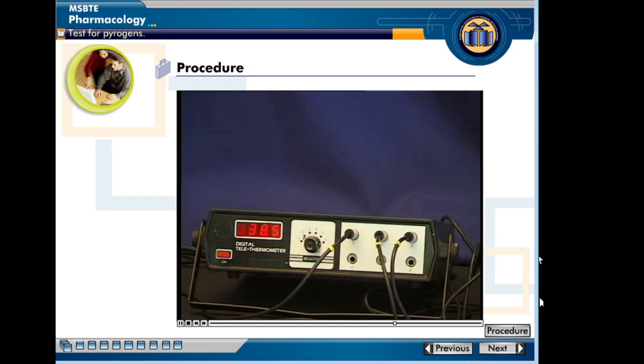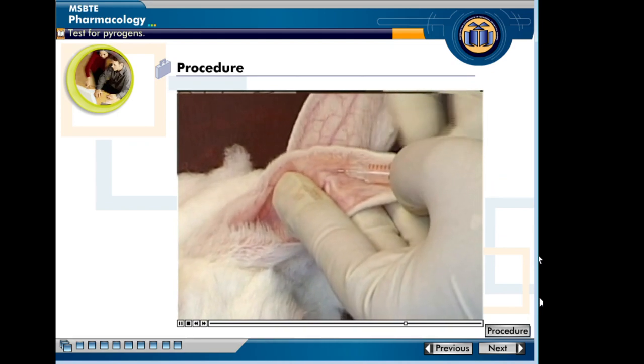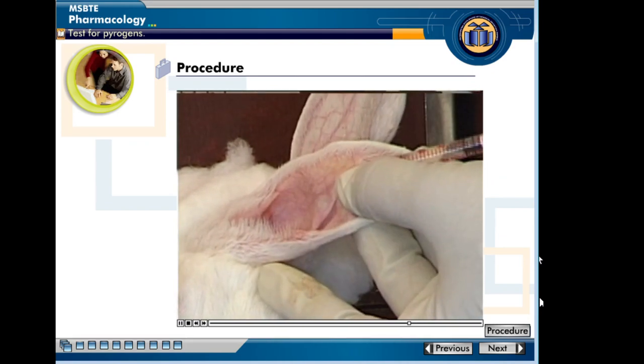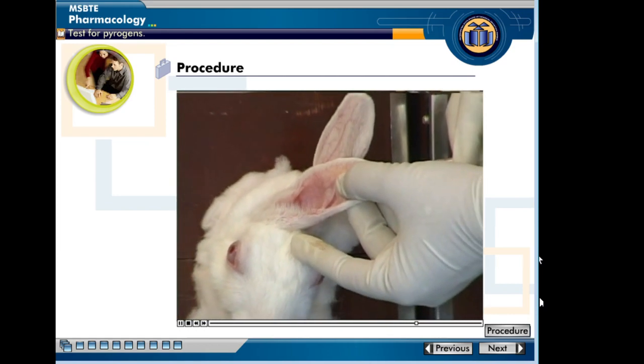Now inject the test sample into the ear vein of each rabbit. Here, water for injection is used. The volume of injection is not less than 0.5 ml per kg.